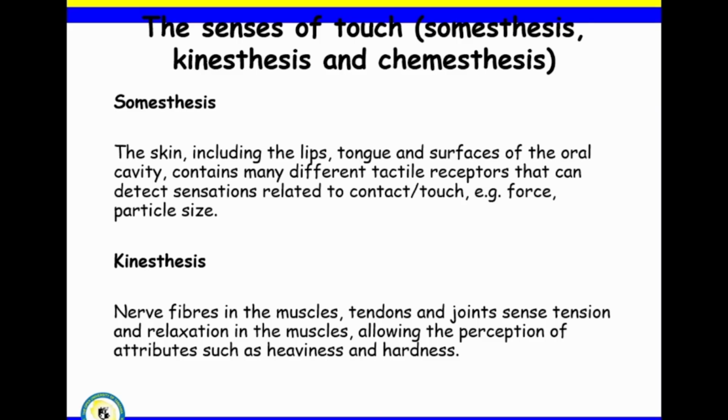You can feel the particle size through touching, or through being in contact with an object, where you feel that this is coarse salt, this is fine salt. But you can also perceive different attributes such as heaviness or hardness. And this is kinesthesis. It's like the pressure, the kinetic issues.